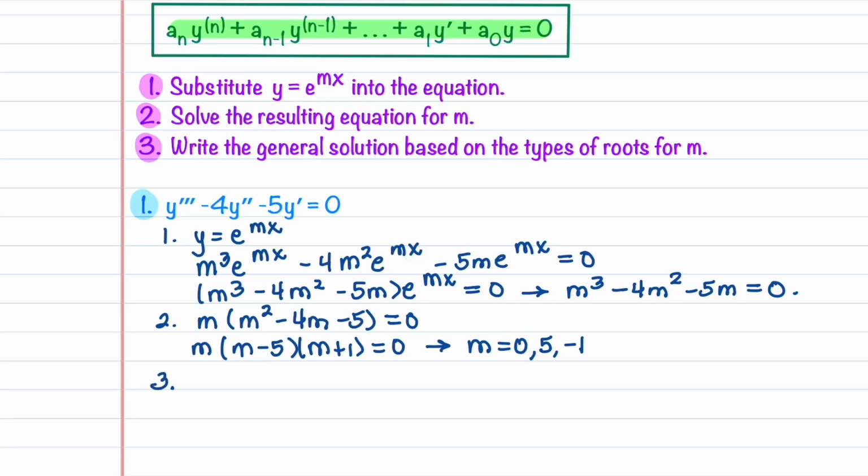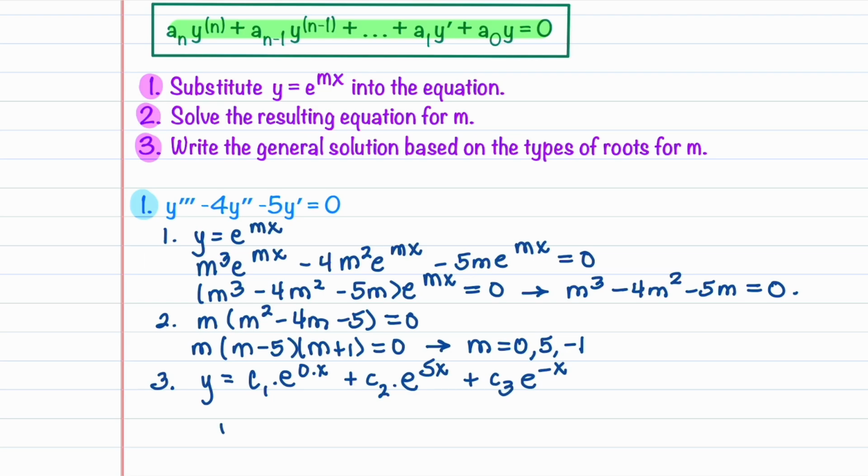In step 3, we need to write down the general solution based on the fact that we have 3 distinct real roots. Our solution is going to be y is equal to c1 times e to the first m, which is 0 times x, plus c2 times e to the 5x, plus c3 times e to the minus x.